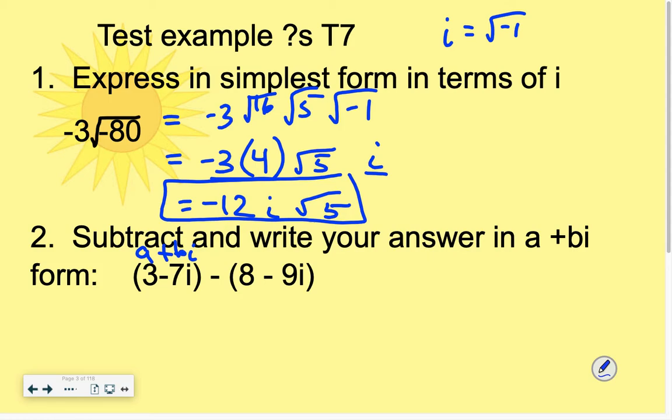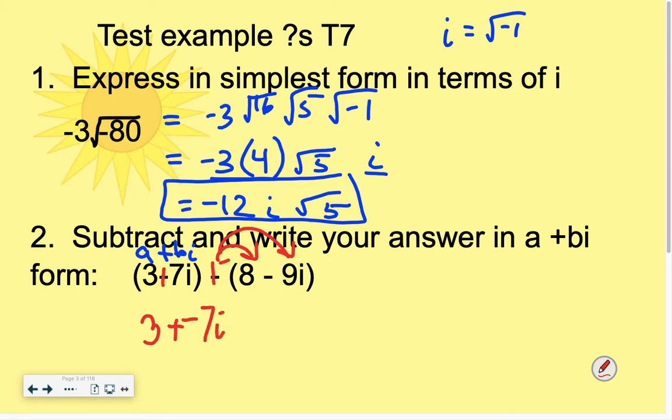So I have two different complex numbers, and I'm subtracting them. In order to do this, all you really do is add or subtract the like terms. But the place where you might make a mistake is when you're subtracting, you have to remember to distribute that subtraction, or think of that as plus a negative. So it's really 3 plus a negative 7i.